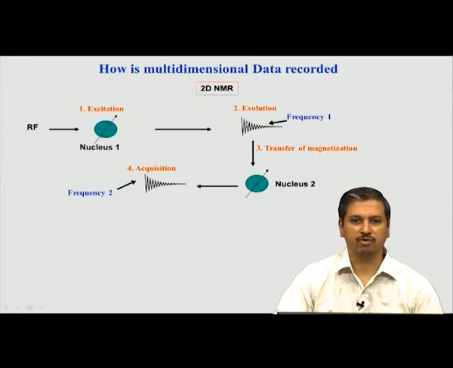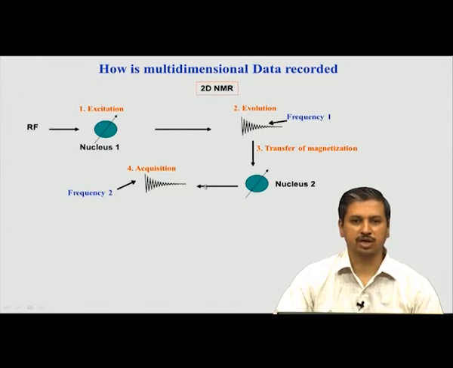So, that evolution of nucleus 1 is indirectly present in whatever transfer happened, and when you further excite and create a second FID, that information is actually present in this.